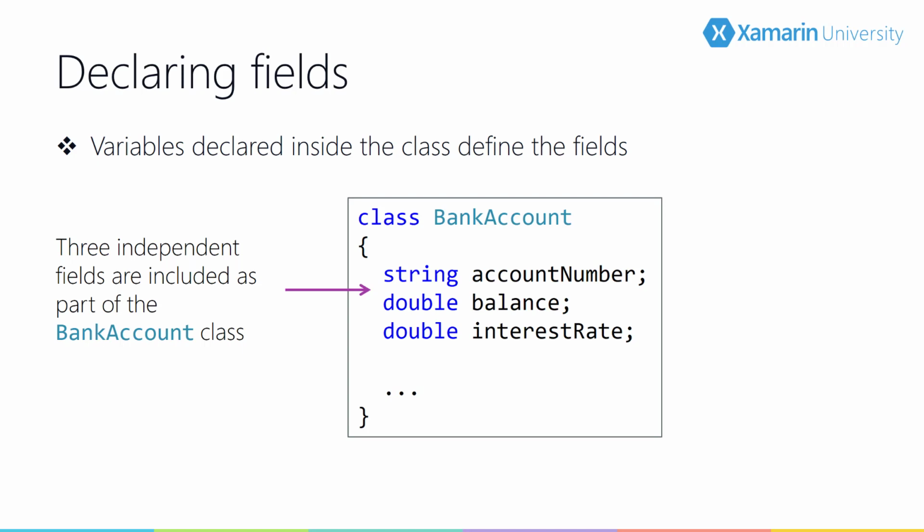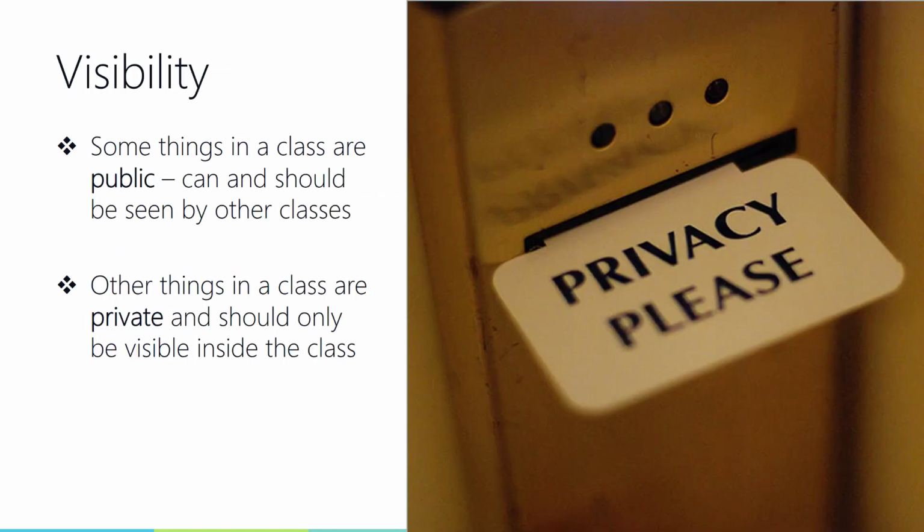But it gets a little bit more challenging than that, because in programming we have a concept of visibility. Visibility defines who is able to see and access a specific member. So we have two basic ones that we'll discuss so far, public and private.